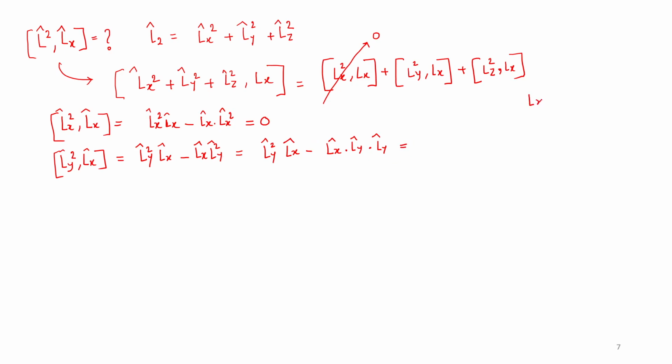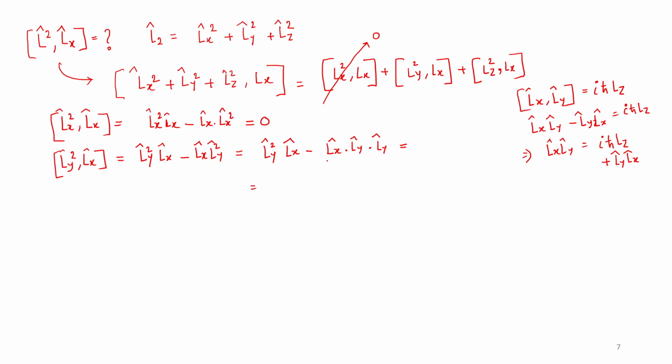You remember what we got earlier for the commutator of Lx, Ly? We got iħ Lz. Similarly, LxLy minus LyLx is iħ Lz. So if we need to replace LxLy, we replace it by iħ Lz plus LyLx.